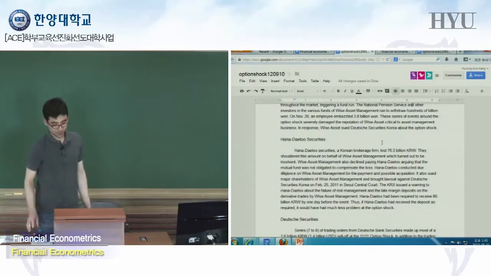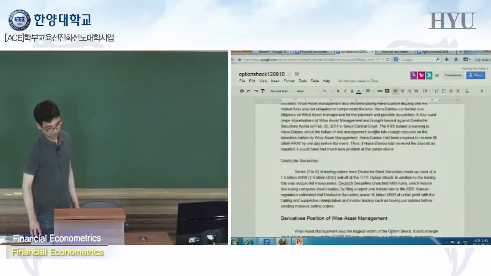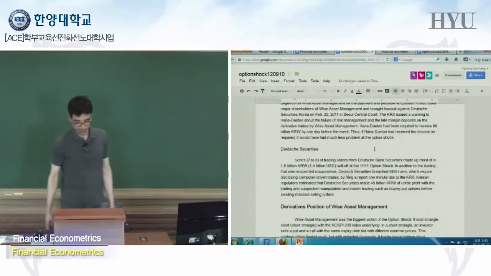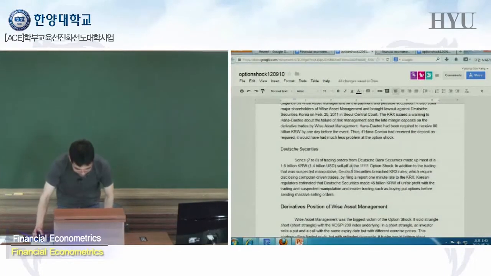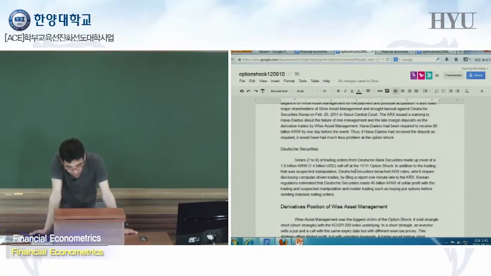Last player, Deutsche Bank Securities. A series of 7 to 8 trading orders from Deutsche Bank Securities made up most of the 1.6 trillion Korean won, 1.4 billion USD sell-off at the option shock.